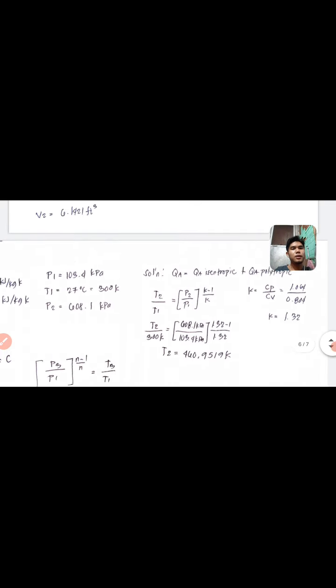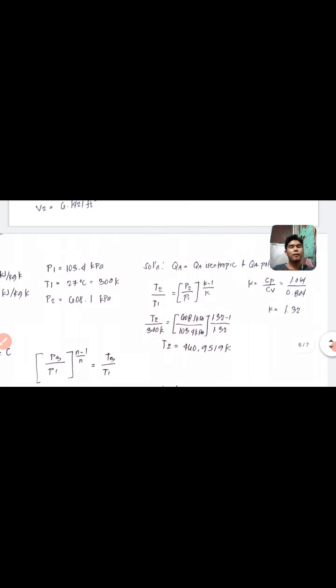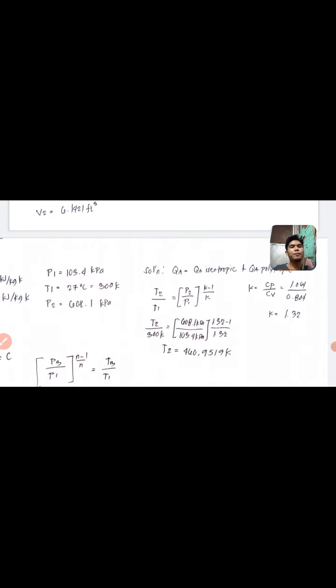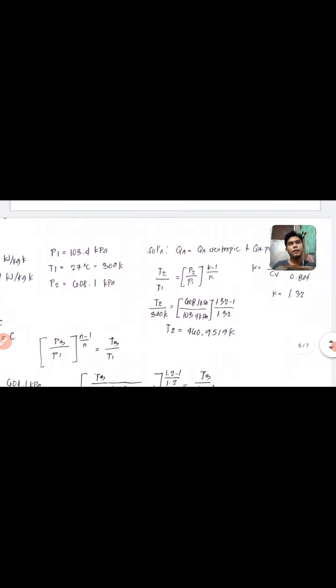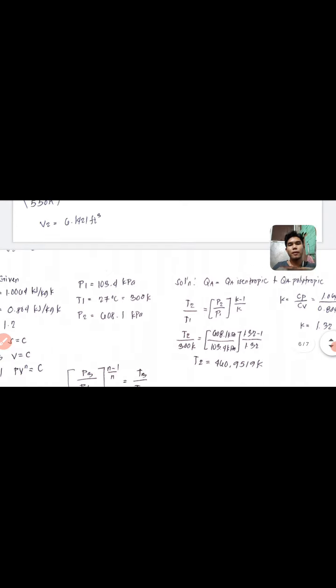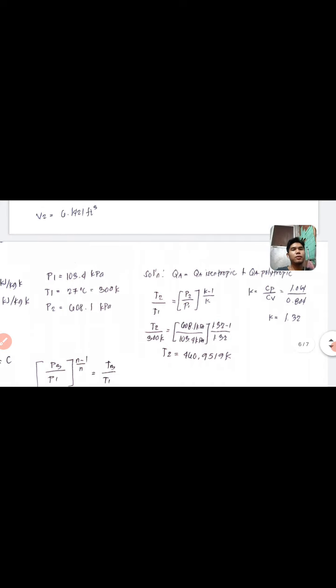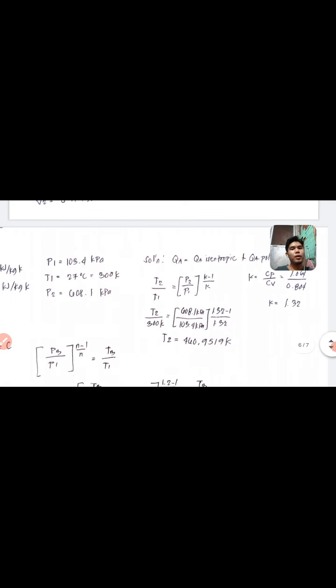Here, let's just find the value of our T2 since we don't have a value of T2 in our given. So from the formula of T2 over T1 is equal to P2 over P1 raised to K minus 1 over K. Since we don't have the value of K in our given, let's solve for the K. Since we have our Cp and Cv, we can now solve for K. So Cp over Cv, substituting value of Cp and Cv, our K now is equal to 1.32.